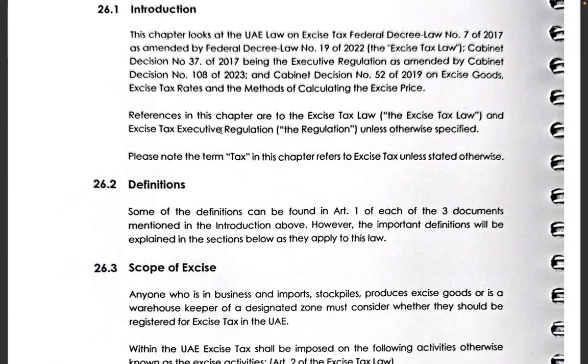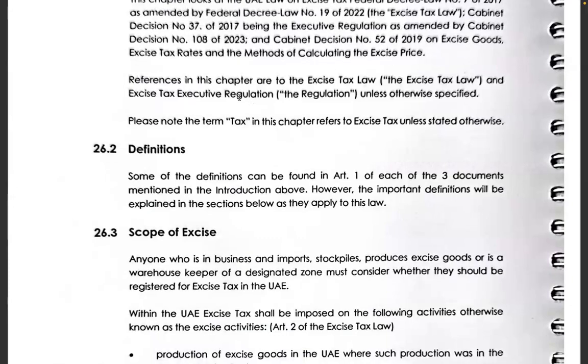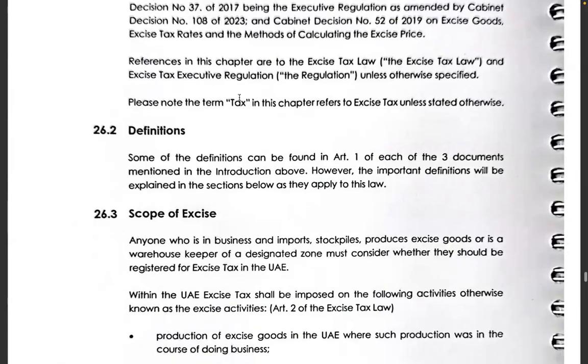The references in this chapter are to the excise tax law, which is referred to later as the Excise Tax Law in title case, and the excise tax executive regulation, which has been referred to briefly as the Regulation in title case, unless otherwise specified.